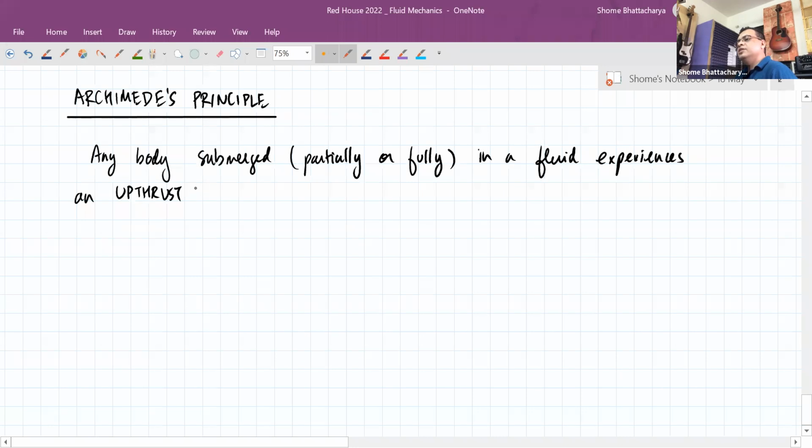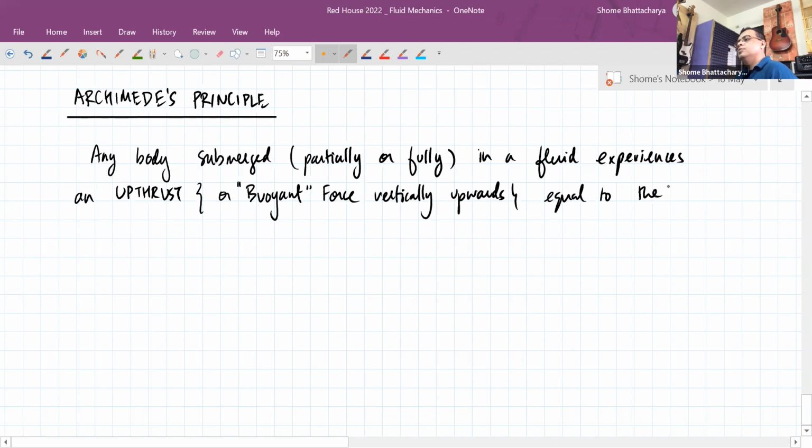The term upthrust is self-explanatory, a thrust or a force in the upward direction, but this is also called buoyant force because that property of the fluid is called buoyancy, vertically upwards. It experiences an upthrust precisely equal to the weight of fluid displaced by it.